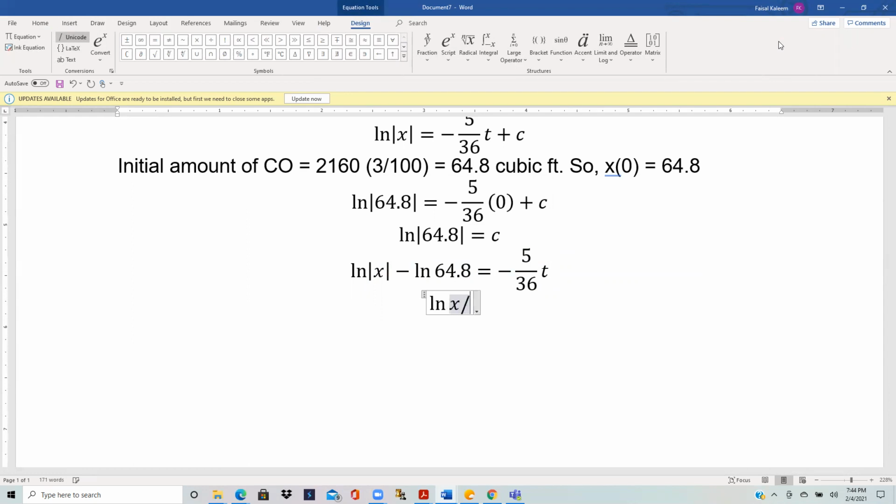The next step is going to be raising it to the power of e, and e to any power is positive, so at this point you don't have to worry about the absolute value.